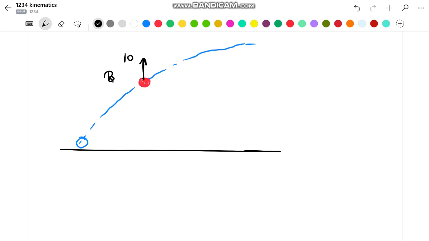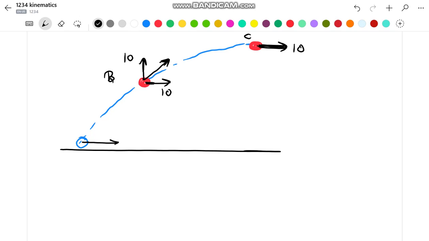And since at point B the resultant velocity vector makes an angle of 45 degrees, its x component of velocity at point B is again equal to 10. Since the x component of velocity of a projectile always remains constant, at maximum height its velocity in the x direction will be equal to 10 meter per second at time equal to 2 seconds.